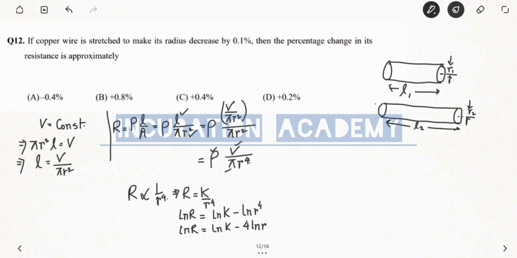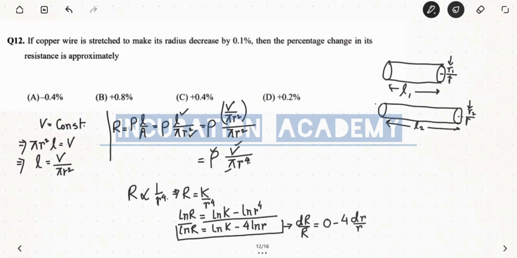Now if you differentiate this equation, a very important equation will come: dR divided by R. Since K is a constant, ln K is also a constant, so its derivative is 0, and minus 4 ln r becomes minus 4 dr divided by r.